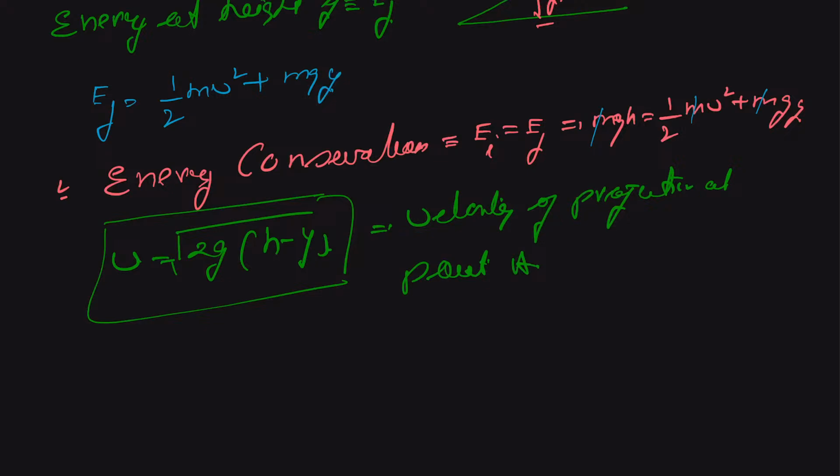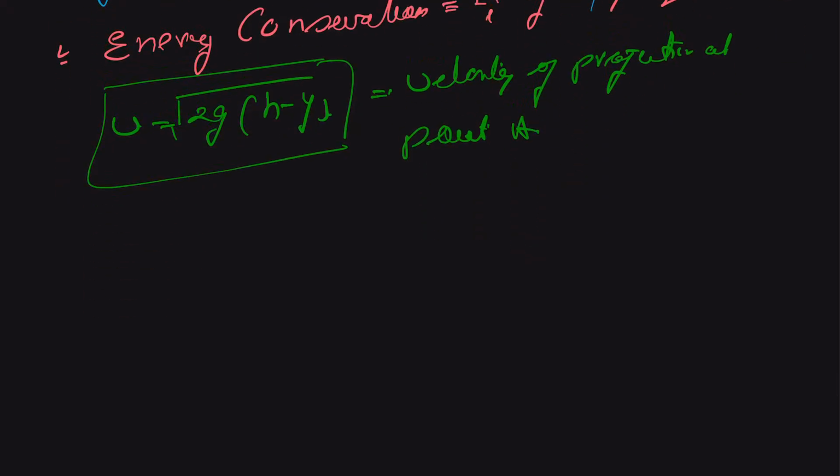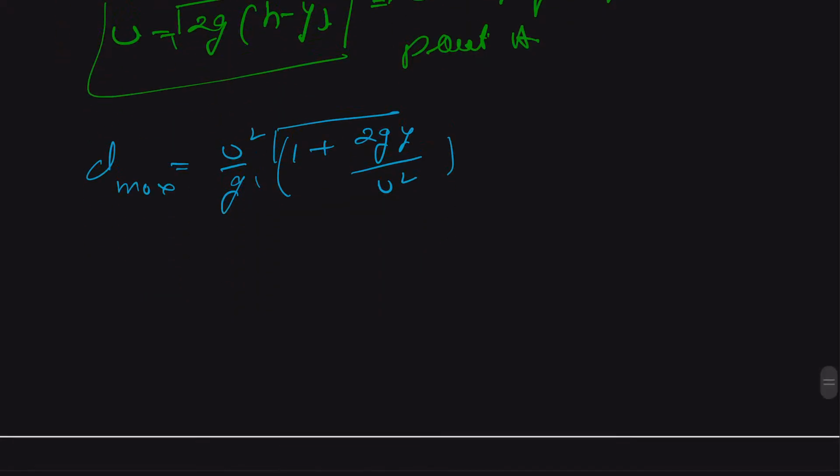Therefore, we are going to use two formulas. We are going to use our d maximum, which we already derived, is v square by g times the square root of 1 plus 2gy divided by v square, and we get sine of theta will be equal to 1 upon the square root of 2 plus 2gy over v square.